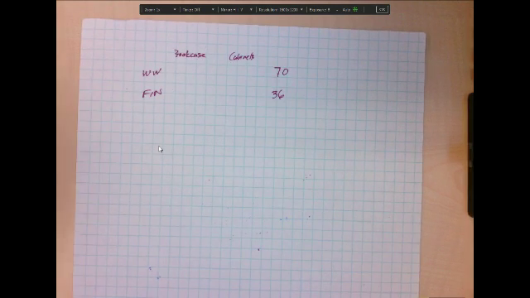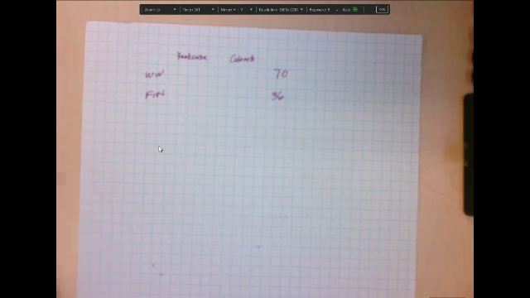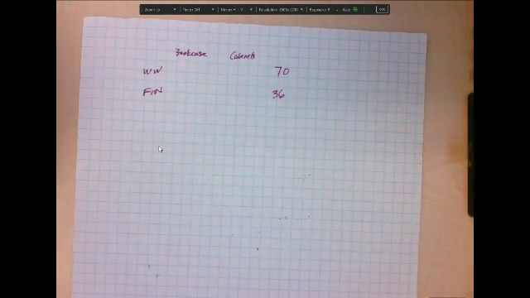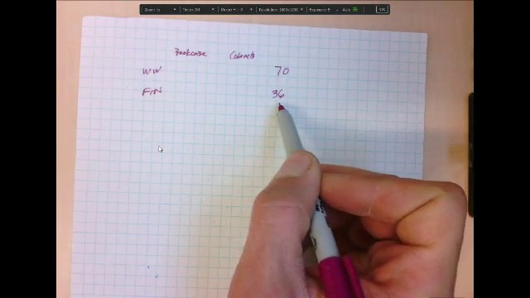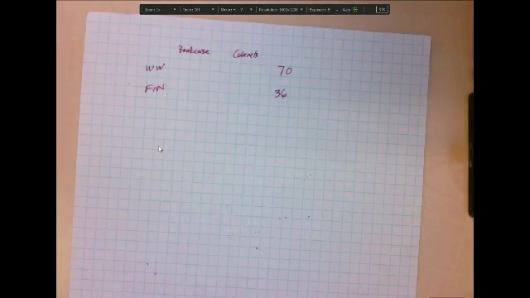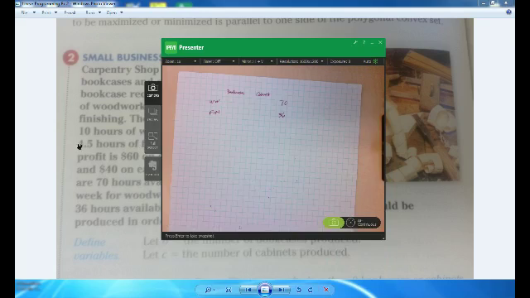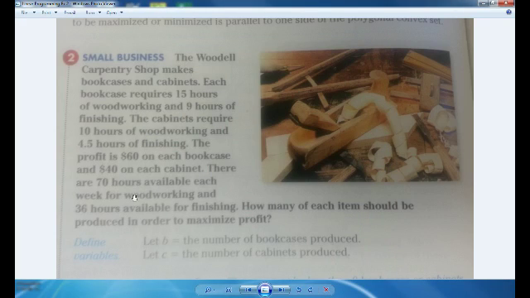See how I'm setting my table up? But the key there is to recognize those totals, 70 and 36. So what was the 70 a total for? Woodworking. So how many bookcase woodworking? 15? And cabinets? 10.